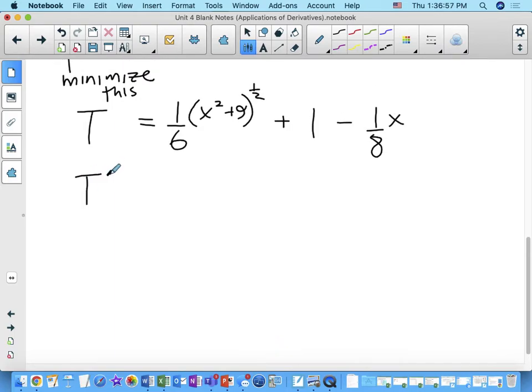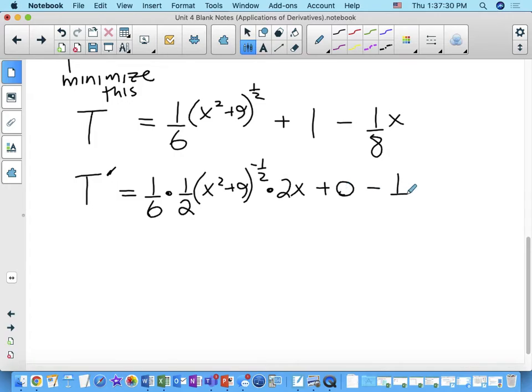T prime equals, all right, so this is going to be 1 over 6 times, I'm going to multiply by 1/2, and then x squared plus 9 to the negative 1/2, and then chain rule, so times 2x. Okay, so that's the derivative of that first term. And then the derivative of 1 is 0, so just plus 0. And then derivative of 1/8 x is just 1/8, so minus 1/8.